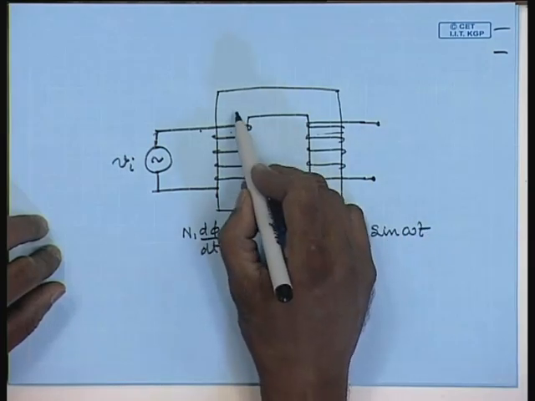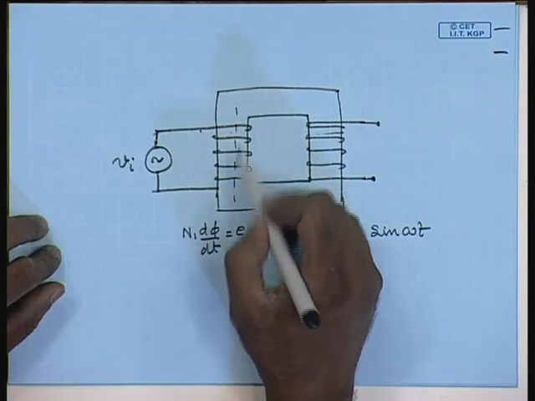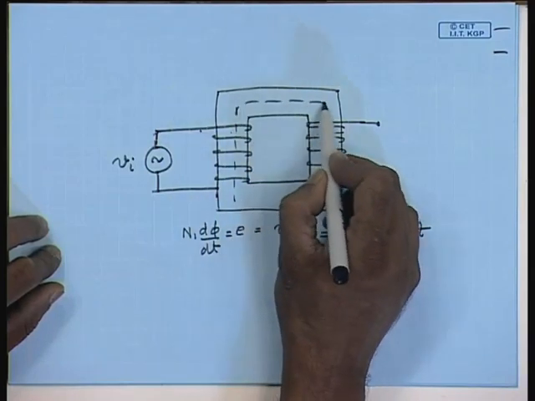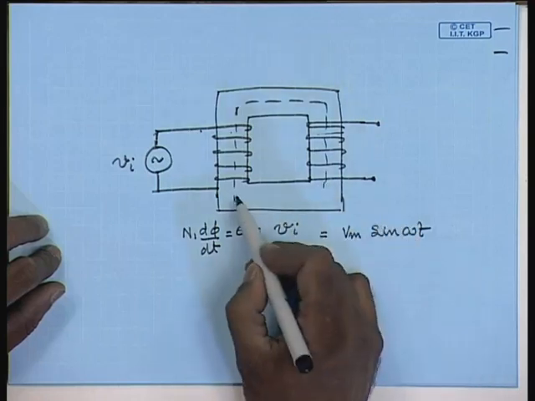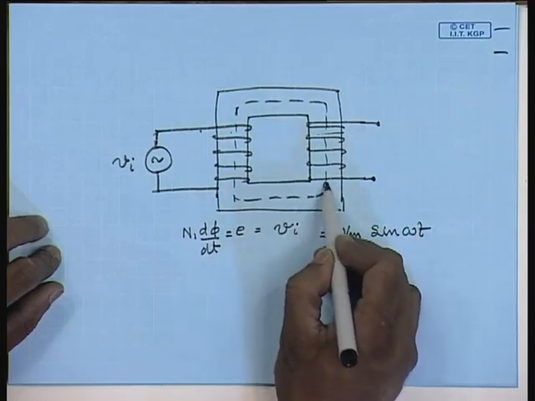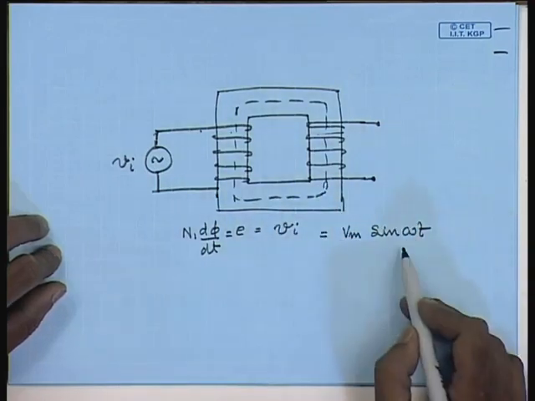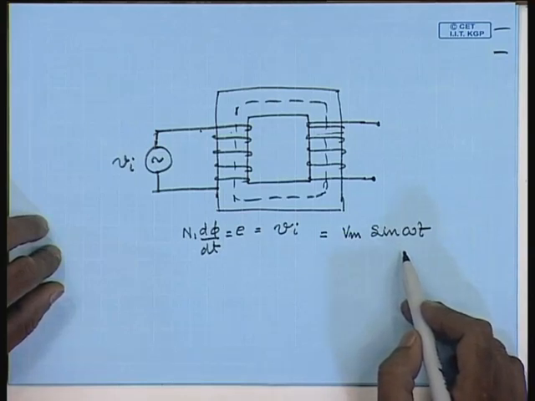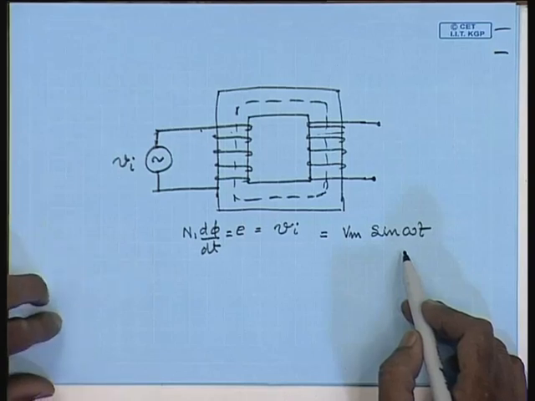So, the flux in the core will be a sine wave, and the flux will also lag the applied voltage by 90 degrees.